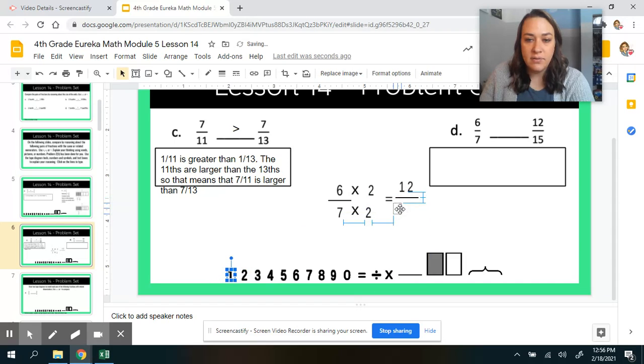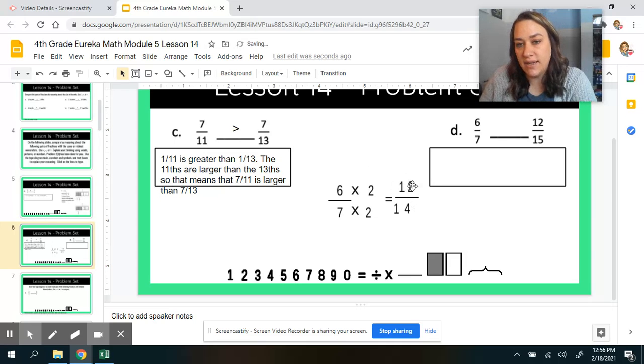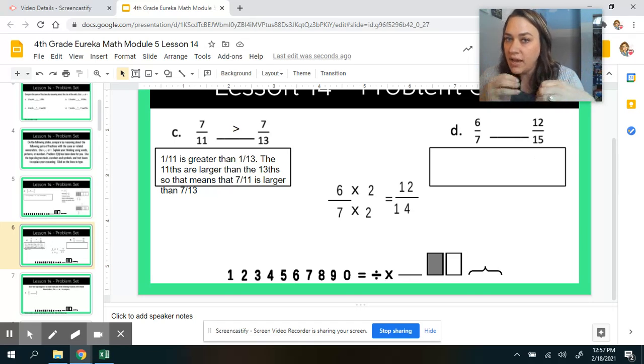So now I can compare these two a little bit easier. So I have the same fractional pieces. I have 12 of these and I have 12 of these. But now we can think back to 14ths and 15ths. Which one's a larger fractional unit? 14 pieces of the pie or 15 pieces of the pie?